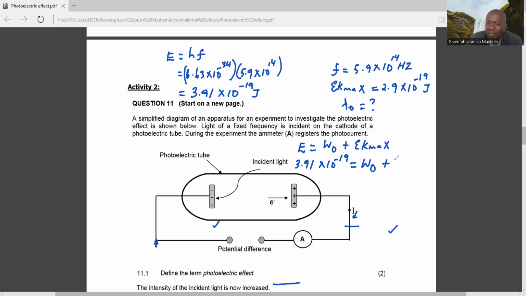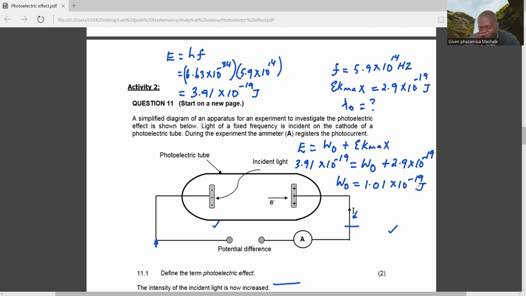The EK maximum is 2.9 times 10 to the power minus 19. So 3.91 times 10 to the power minus 19, subtract 2.9 times 10 to the power minus 19. This will give us a work function of 1.01 times 10 to the power negative 19 joules.